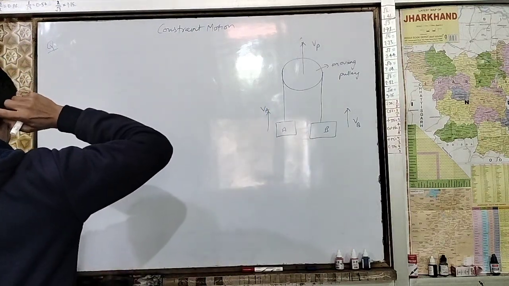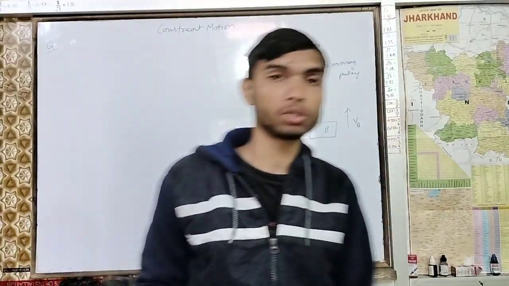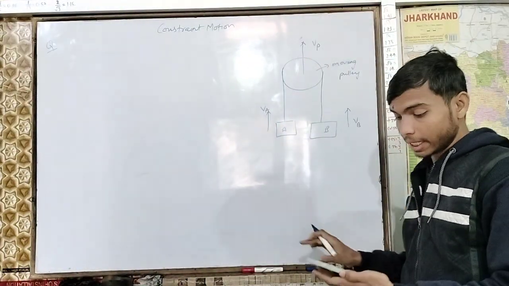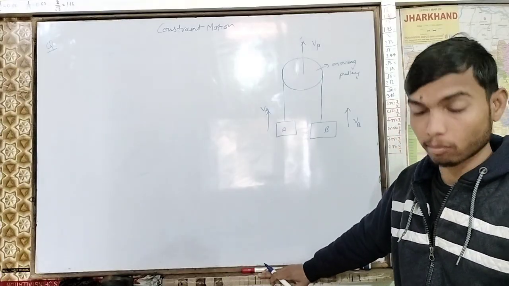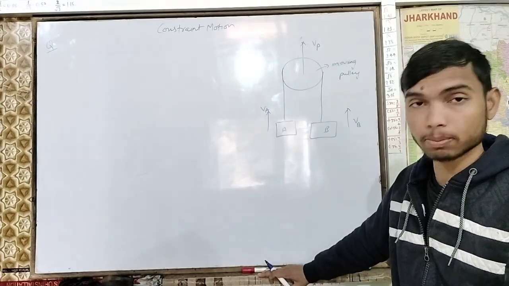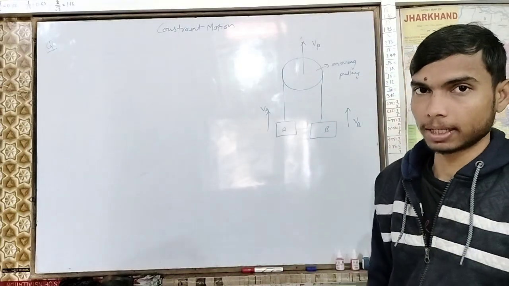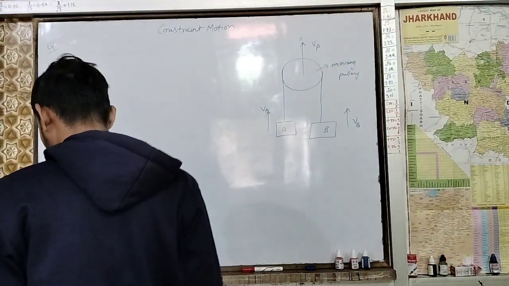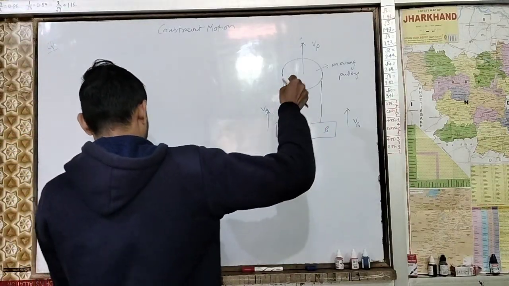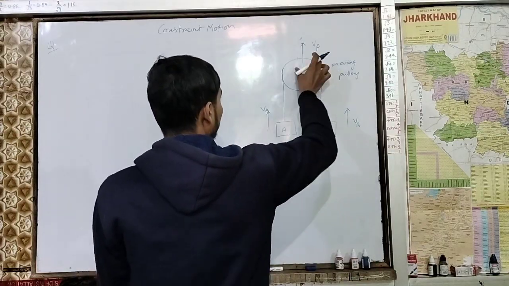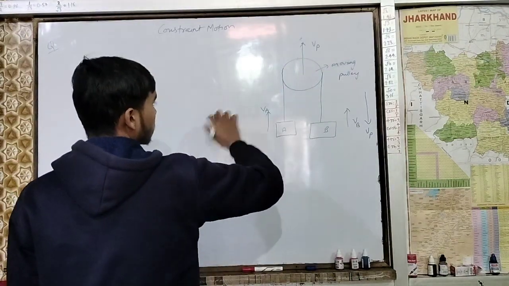This is our figure. Remember, when an observer sits on the pulley, which means the reference point is the pulley, and observes block A and block B with respect to the pulley, then remember, in that case the velocity VP will be downward according to the pulley. The pulley is the reference point.